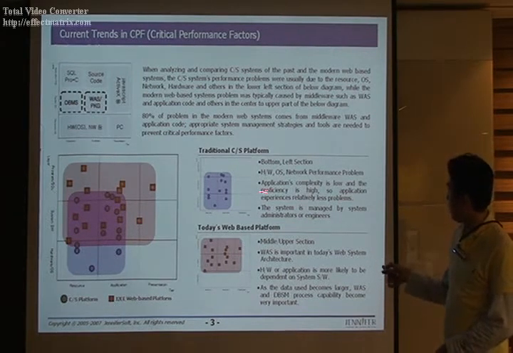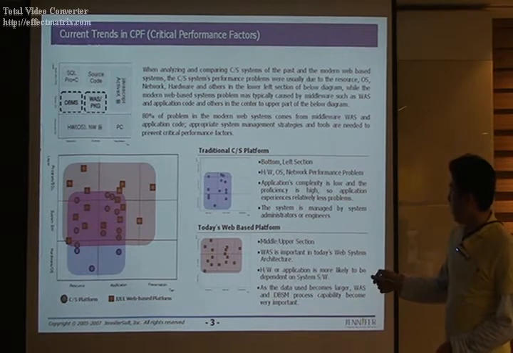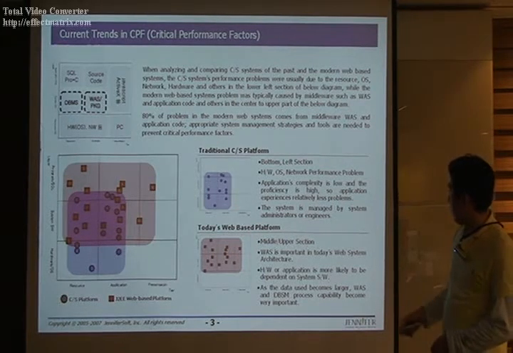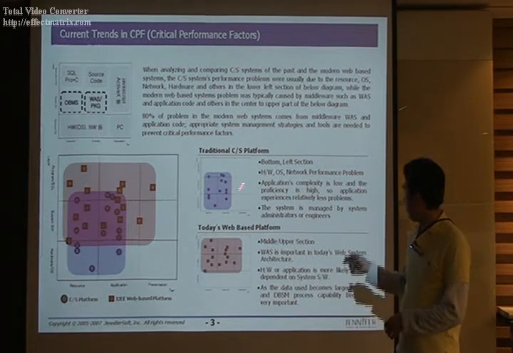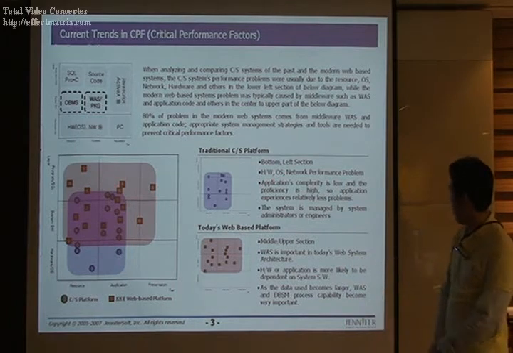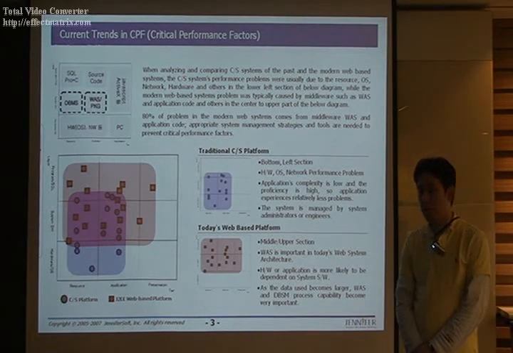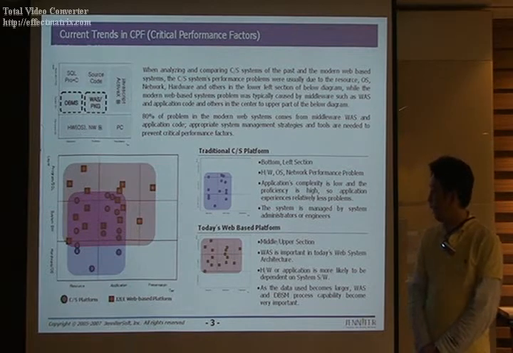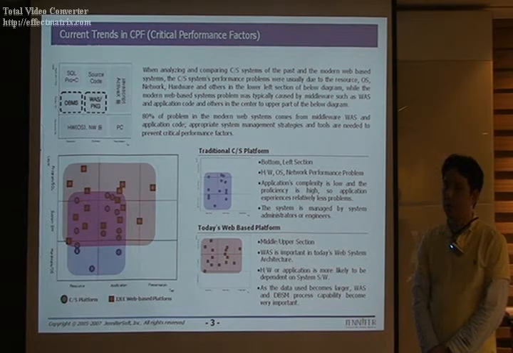As you can see in this diagram, in a traditional CS platform, a lot of the issues were scattered about. And the solution for these issues was basically the OS and network performance problems. Easy way to resolve these problems was simply to add more resource, add more memory, add more CPU, and that was how the problems were resolved.